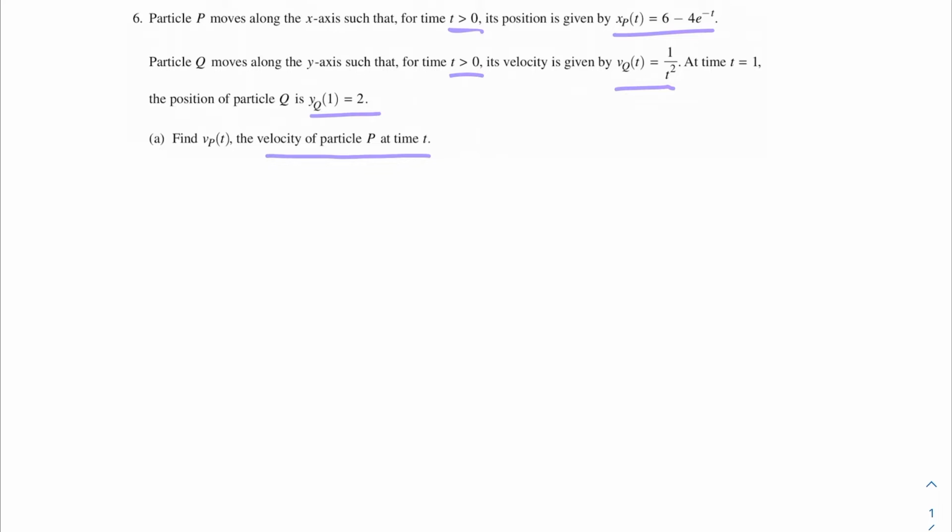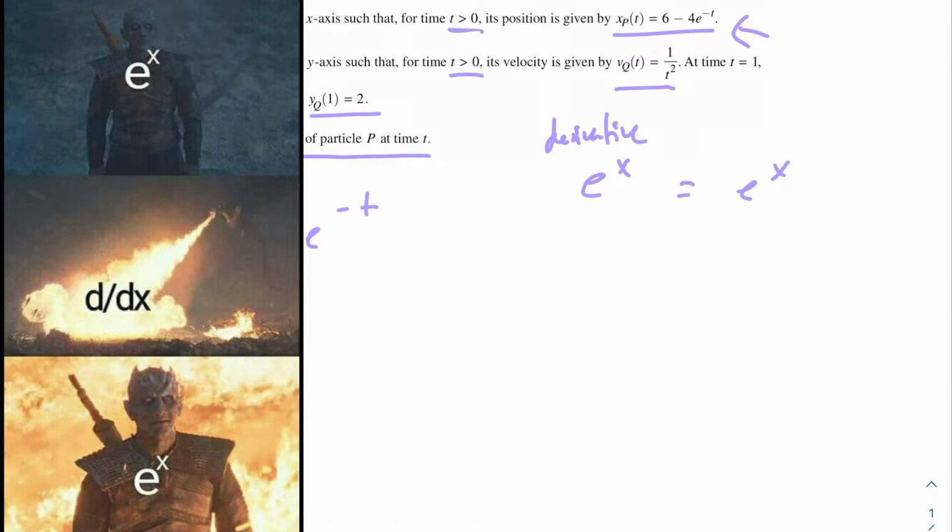So this first problem asks us to find the velocity of particle P. Well, we have the position here, so what that means is we're going to be taking the derivative of our position function. So the derivative of 6 minus 4e^(-t). Remember that the derivative of e^x is just e^x. You might have seen that meme where someone tries to take the derivative of e^x and it's unstopped.